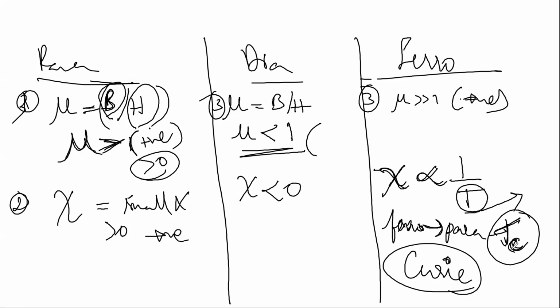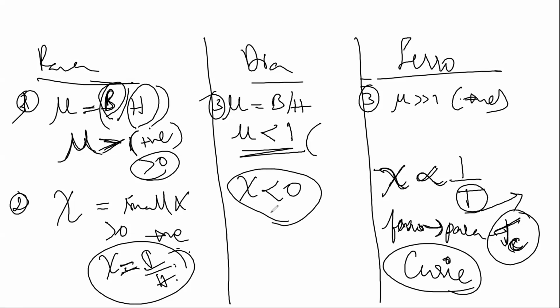Okay, you know now what psi is? Psi is equal to I by H, intensity of magnetization by applied field intensity. So I is greater than H here, but it is a very small value. That is, psi is very small and positive. Here it is negative, but here it is inversely proportional to the temperature of the substance.